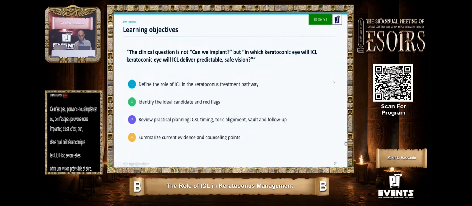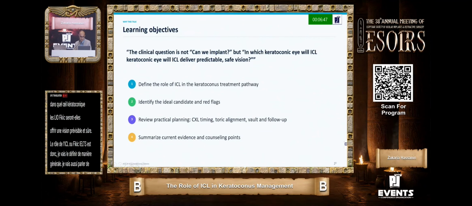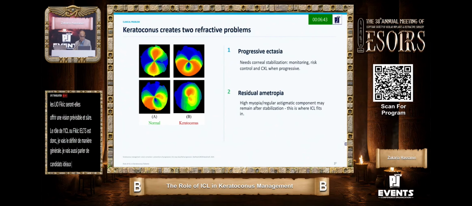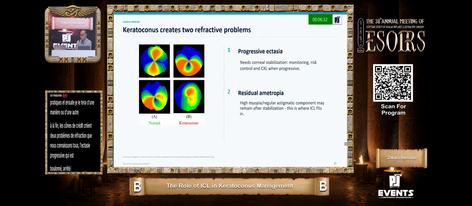I'm going to also talk about the ideal candidates and red flags. I'll review some practical points, and then I will sum up at the end. Keratoconus creates two refractive problems, we all know. Progressive ectasia, which is halted by cross-linking, and the residual ametropia that results afterwards.